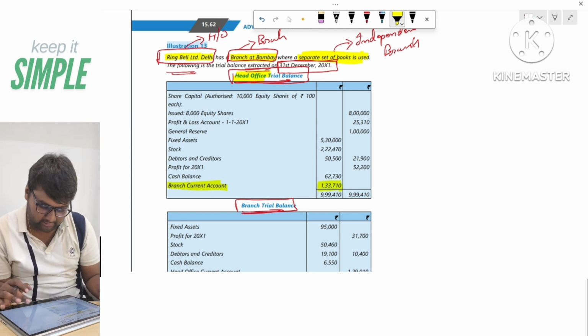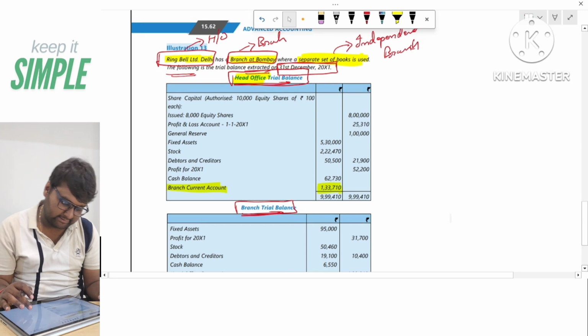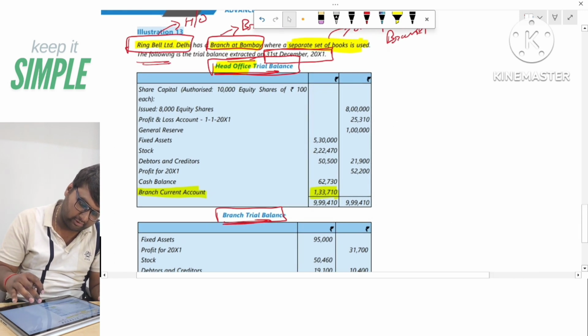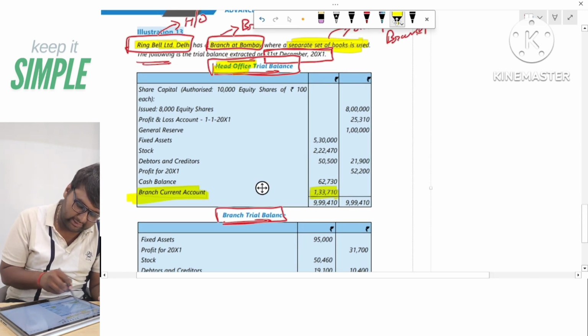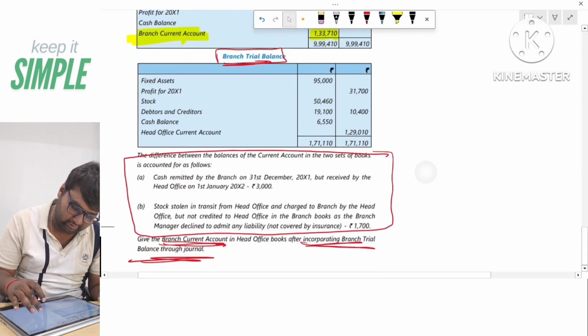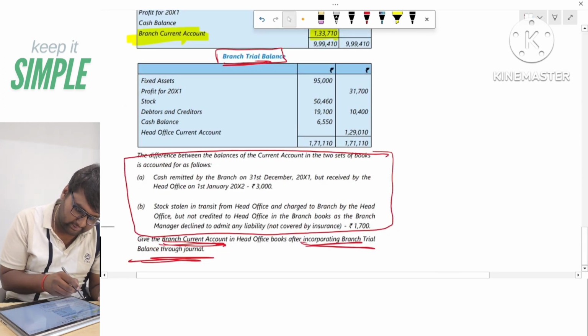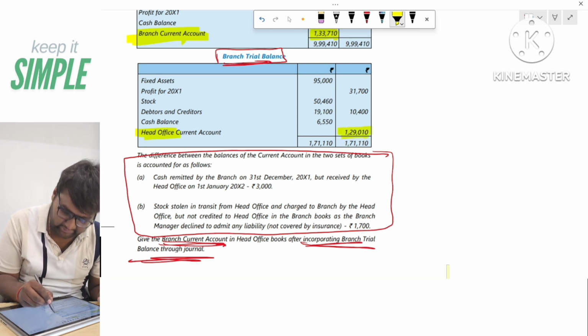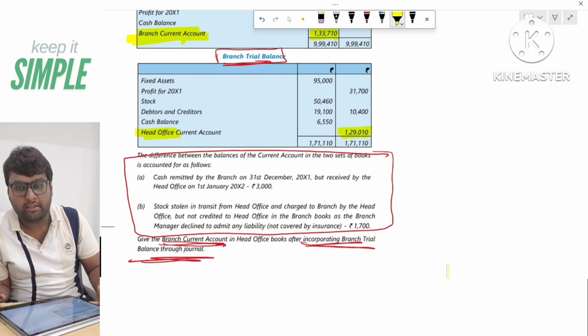In the branch books we have a different balance, but the two should match.